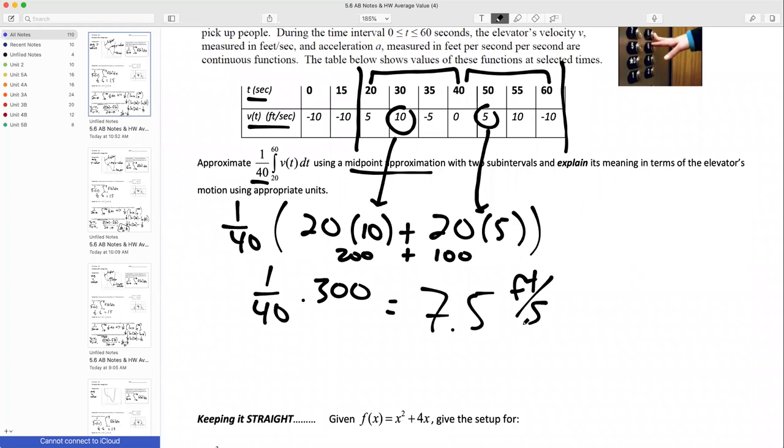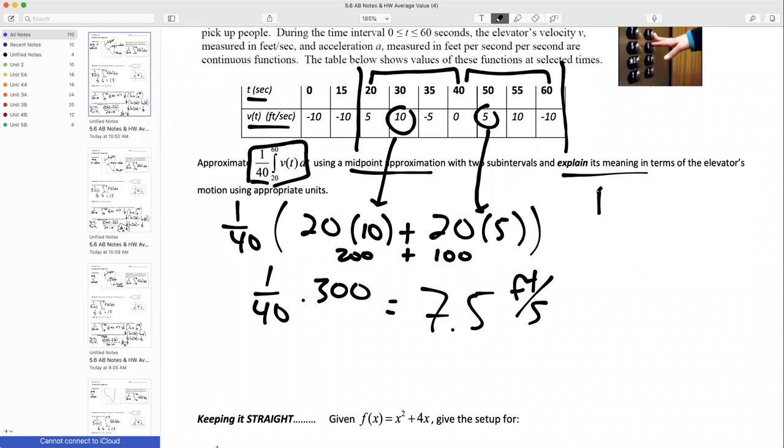So now they asked me to explain its meaning in terms of the elevator's motion using appropriate units. Okay, so now what did I just find? This is the average value of the velocity, right? We look at that on the first page.